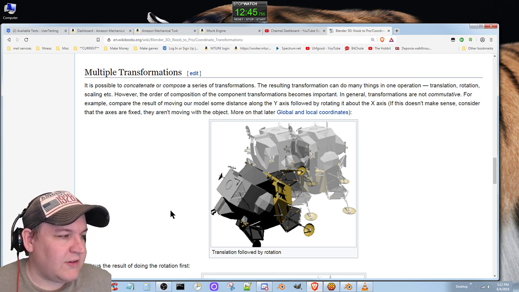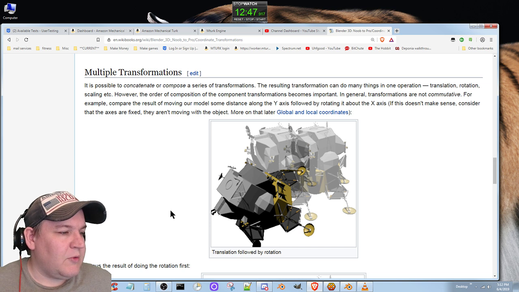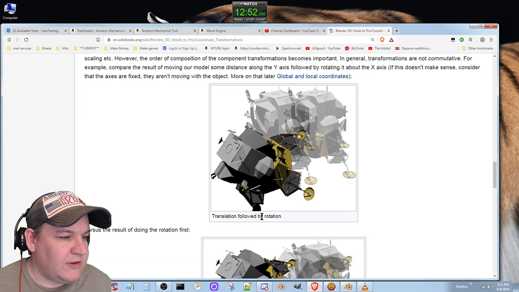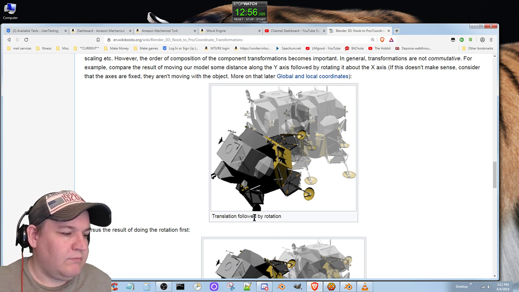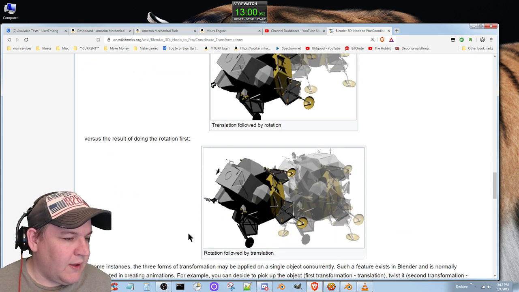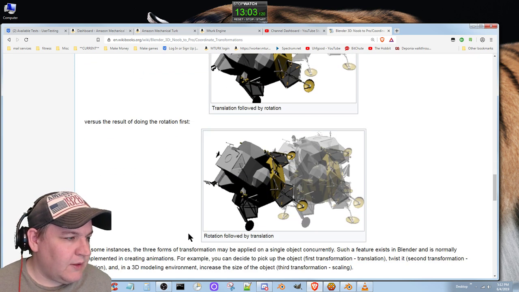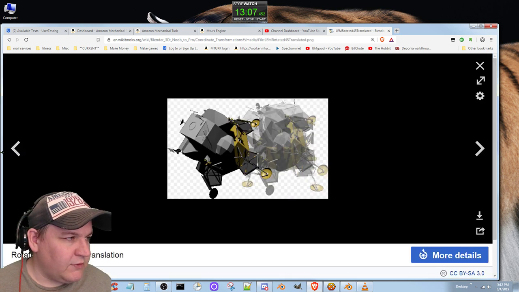This doesn't make sense considering that the axes are fixed and aren't moving with the object. More on that later in global and local coordinates. Translation followed by rotation, like that, versus the result of doing the rotation first.